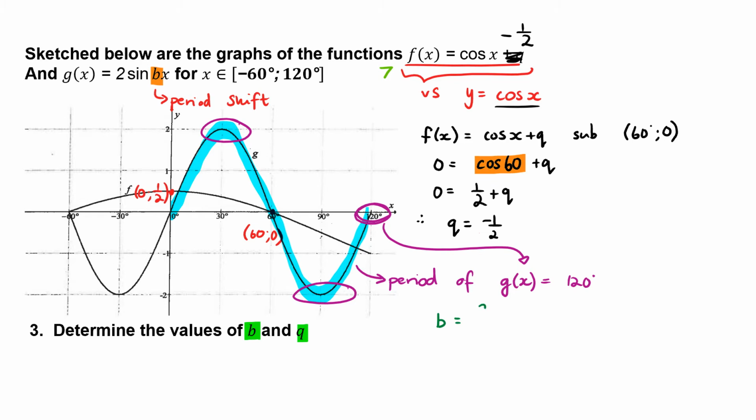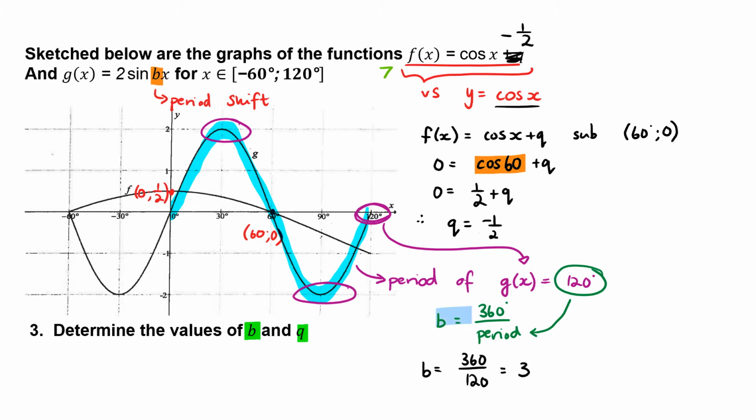And so we would write it as 360 degrees over the period of the function. And in this case, we are told that the period is 120 degrees. And so, to get that value of b, we would say b is equal to 360 over 120, which is 3. And that would be our value of b.